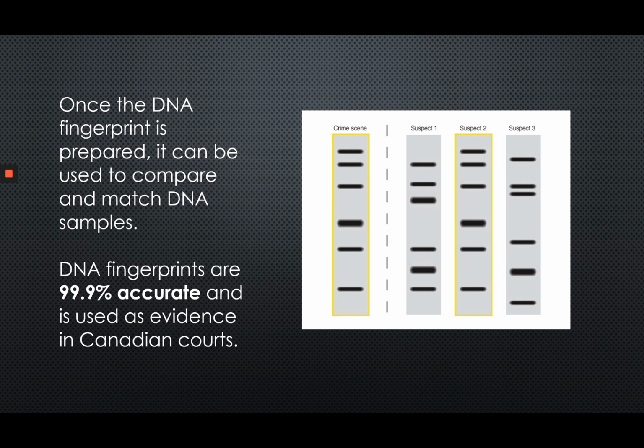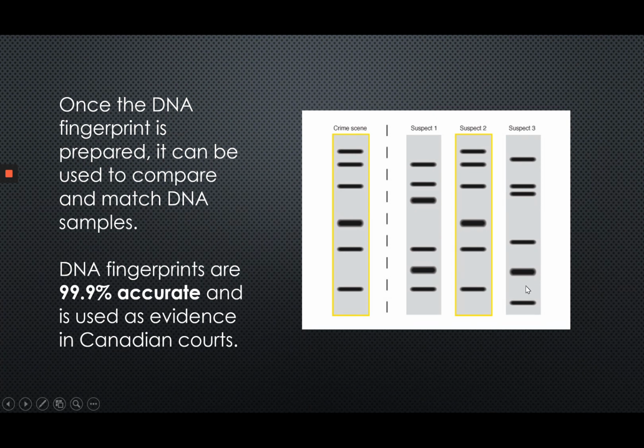Because if you are related to another person, you'll likely have matching fragments, and depending on the number of fragments or bands that match, you could be very closely related to that person, or not. So people who are not related to each other usually do not have DNA fingerprints that are similar. Brothers and sisters will have similar DNA fingerprints.